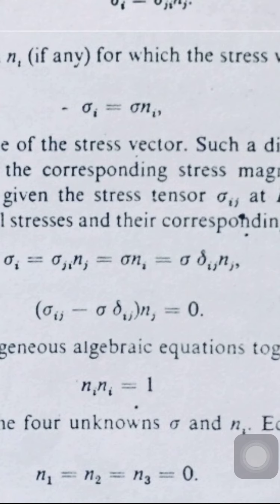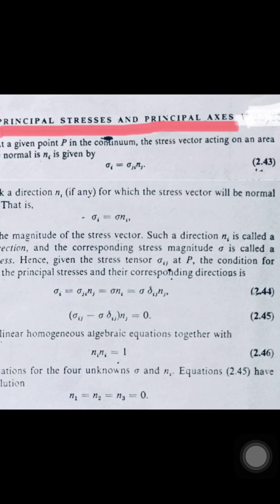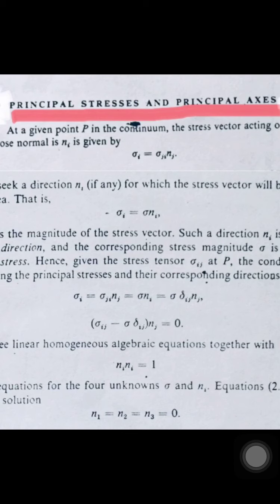So we get the equation (sigma_ji minus sigma delta_ij) n_j equals 0. This is a very important equation, 2.45. These are three homogeneous algebraic equations, when we substitute i, j equal to 1, 2, 3. This combined equation we will use very much in our next pages for finding n_i and sigma.